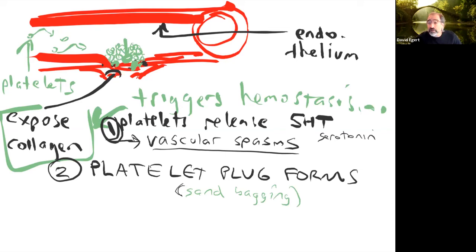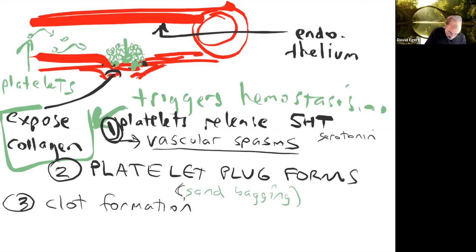The next parts that go on are going to be a little more of kind of long-term stuff. So part 3 is going to be what we call clot formation. So this involves lots of steps. There's like over 20 or is it 30 steps? I forget how many steps.